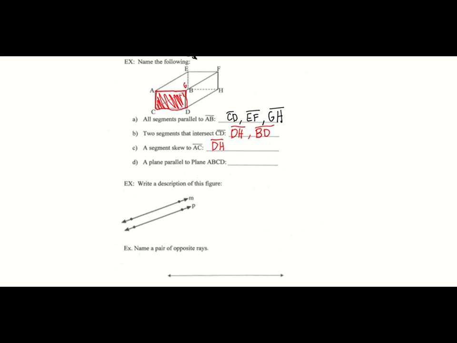So if we look here, GEFH, this plane here is going to be parallel. It's going to be right on top, but it's not touching. So that would be plane EFGH.